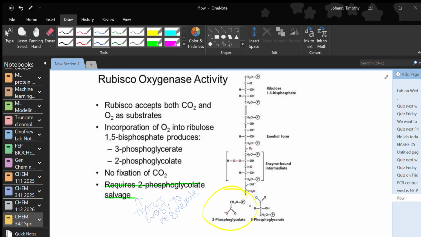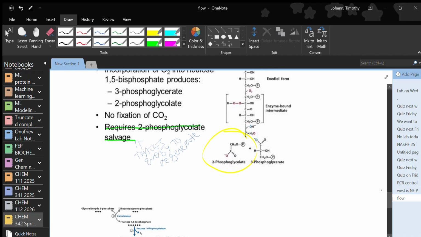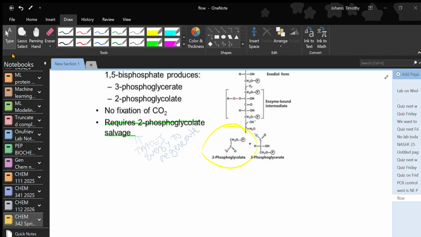All right, so we've got this enzyme. It's been around forever, right? It's been around since the air had oxygenated on Earth. So we've got billions of years here. So why does the oxygenase activity exist?